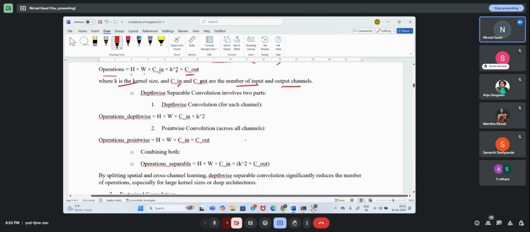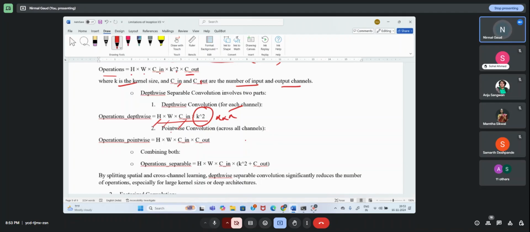However, in depthwise, for each channel we are doing height of the image, width of the image, input channel, multiplied by K square, that is K cross K.